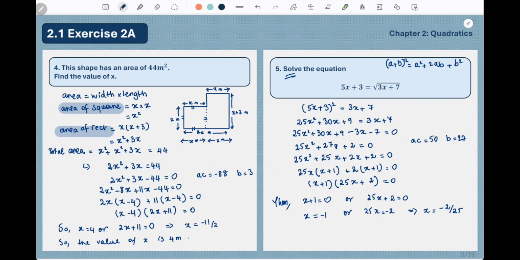Hence we solved this equation. It has two solutions, which are x equal to minus 1 and x equal to minus 2 over 25.